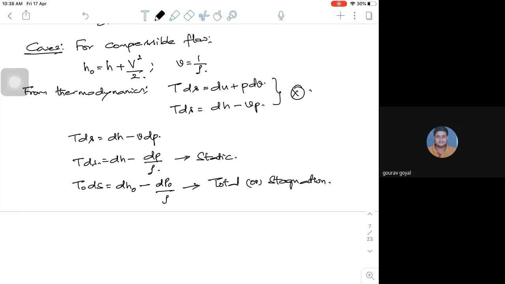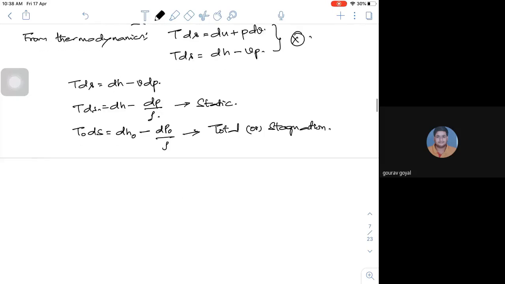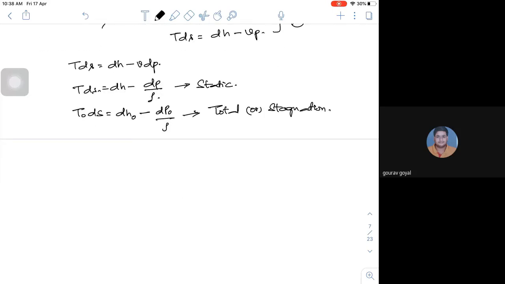Now, as I told, in case of a compressor, a compressor casing has to be properly insulated.